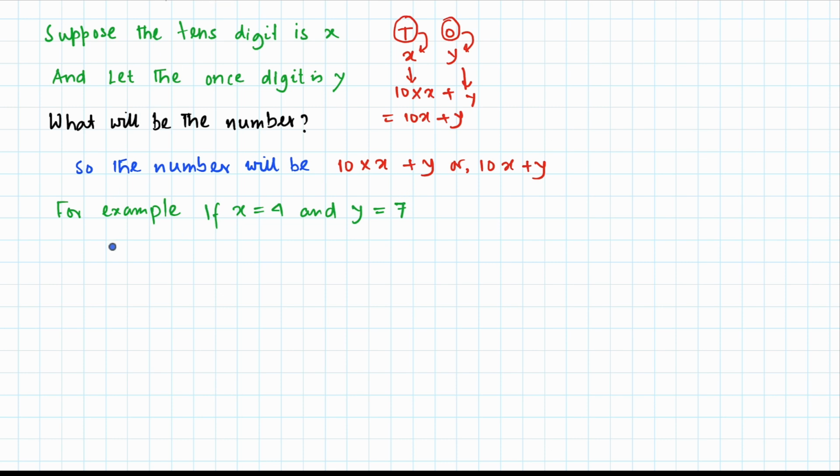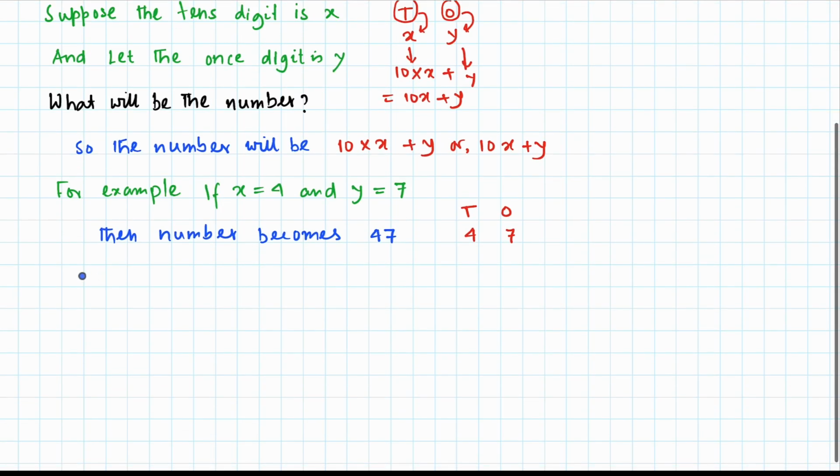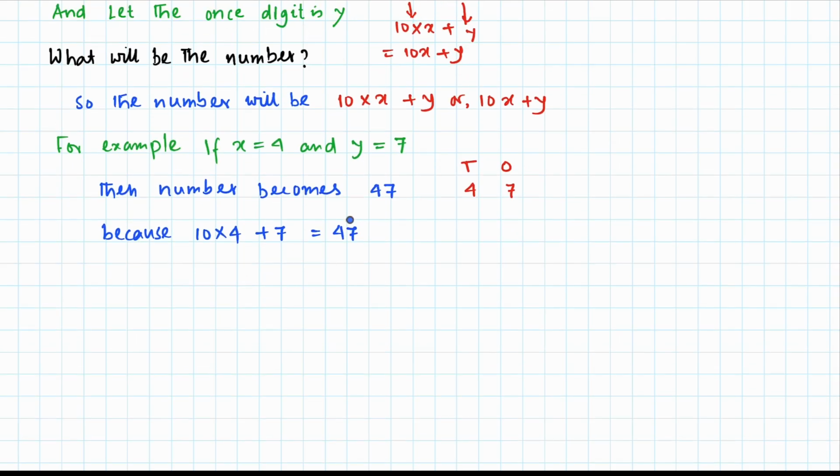In the tens place the digit is 4 and in the ones place the digit is 7, and we are representing them with the variables x and y respectively. Then the number becomes 47. So this is tens 4 and this is 7, so we write 47. Now how can we write it using 10x plus y? 10 times 4 is 40, plus 7, 47.